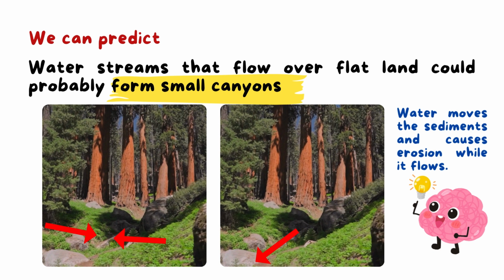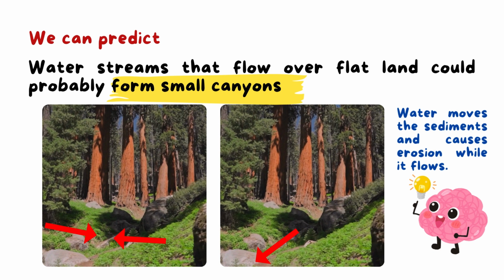The first prediction is that water streams that flow over flat land could probably form small canyons. Even if the land is flat and there is flowing water, this water will erode the land as it moves the sediments, causing erosion along the path of the water flow. The sediments wear away from this path.